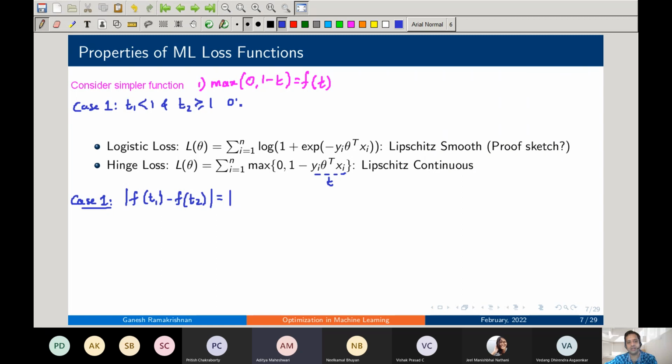Or you can consider the other case where t1 is greater than or equal to 1 and t2 is less than 1. So in both cases, you'll have only one of them surviving. Okay, let's take the first case, case 1a, call this A if you want.